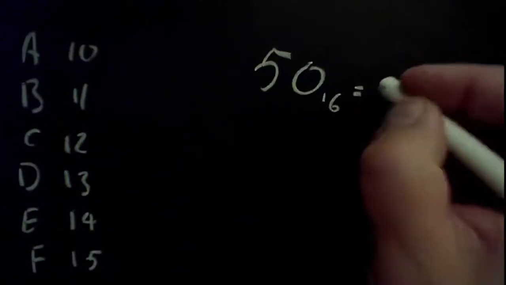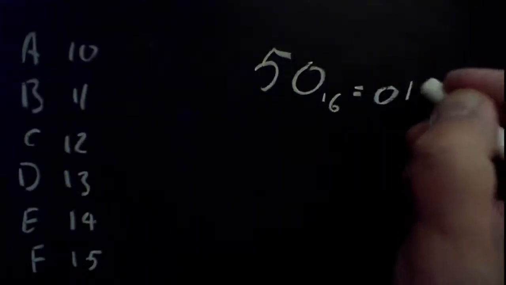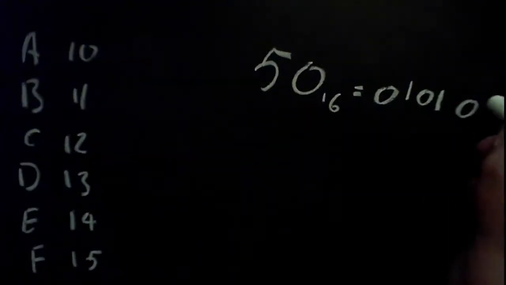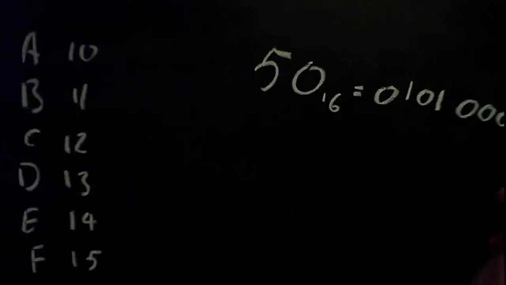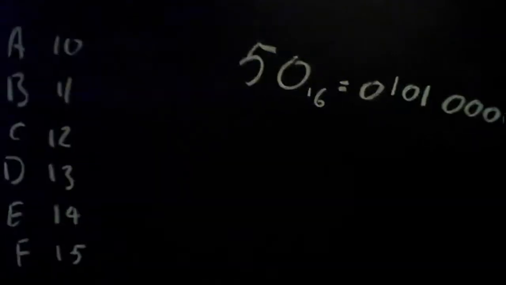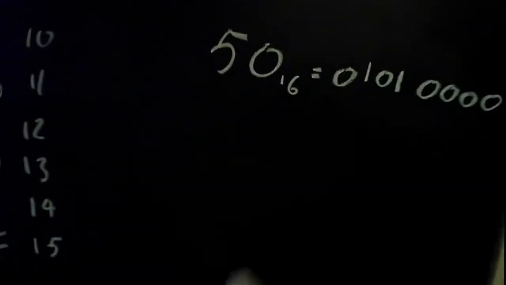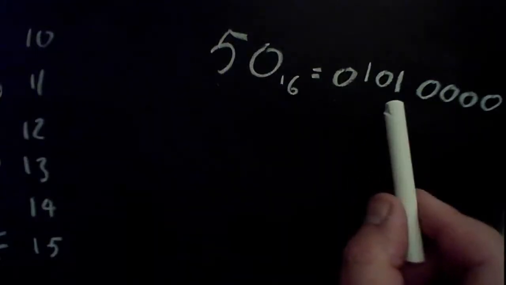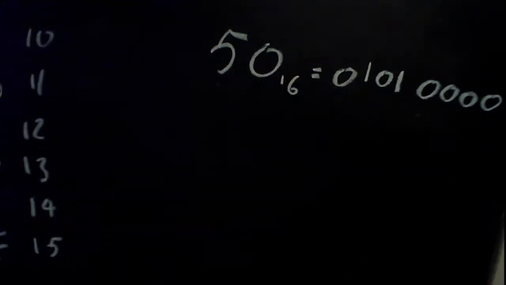That's just 0, 1, 0, 1, and then 0, 0, 0, 0. Just to remind ourselves what's happening there, the 5 in hexadecimal is just this nibble, and the 0 is this nibble.